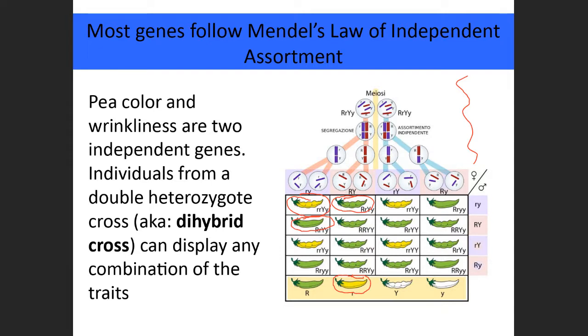So if this red line is a chromosome, all these little blue lines are the genes, right? And if you recall, during meiosis 1, there is crossing over, right? So these two can switch with each other, and they could swap this little bit with this little bit, or they could swap this little bit here with this little bit.